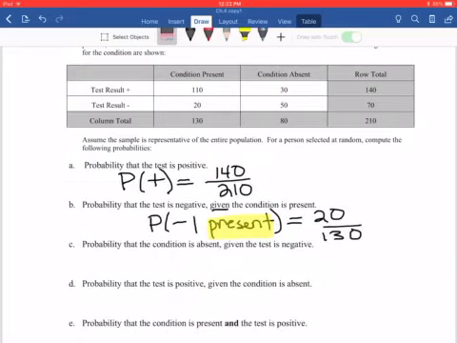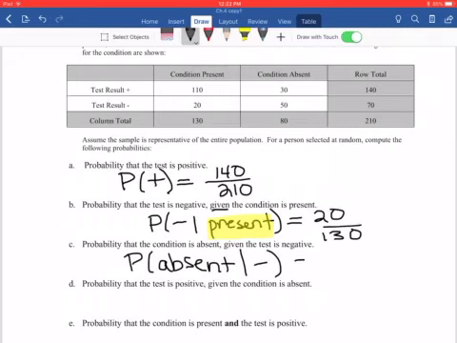Okay, let's look at this next one. Let's find the probability that the condition is absent, given the test is negative. What I'm given is that the test is negative. Where do I find that in my contingency table? Right here, test is negative. Well, that's a row now, right?